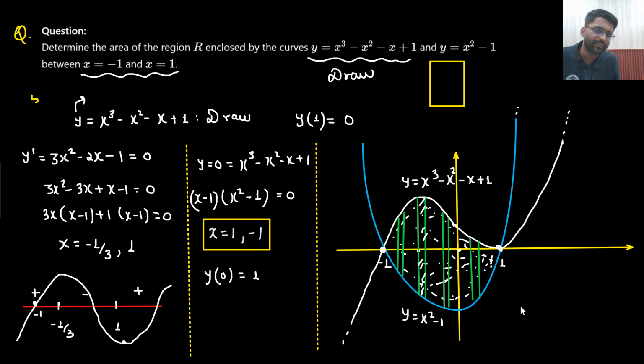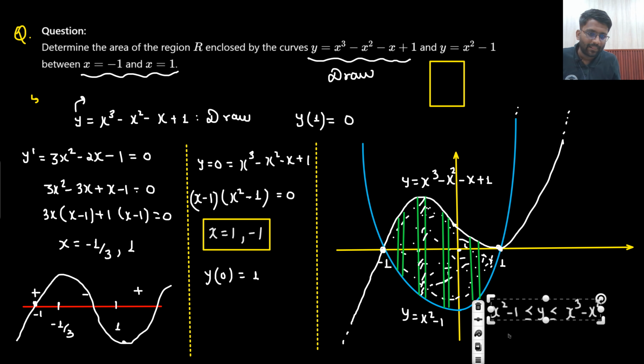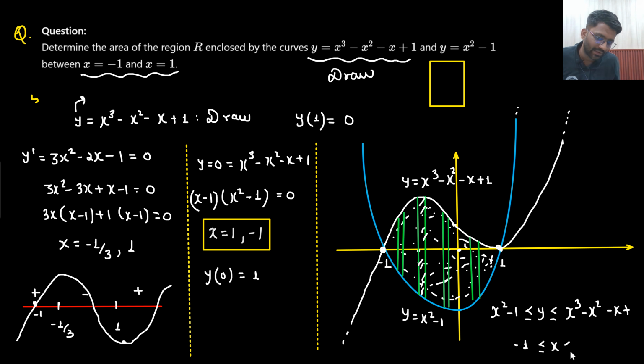So y is going from x square minus 1 to x cube minus x square minus x plus 1. And x is going from, if you have taken the limit of y, then you take the sun here, you take the sun here as well, then squeeze it. If you squeeze it, you would surely understand that x is going from -1 to 1. Directly you can see x is going from -1 to 1.